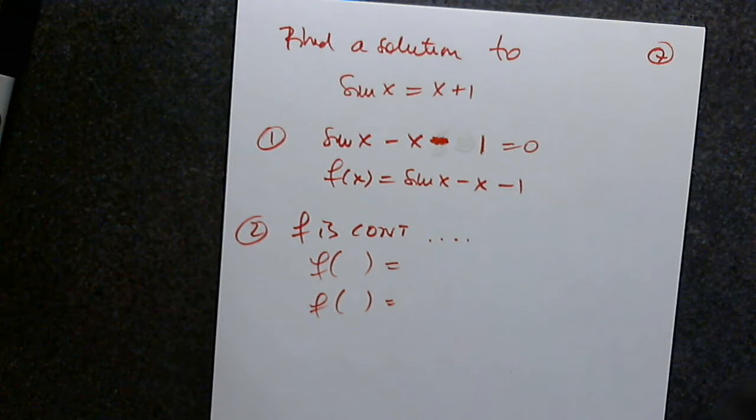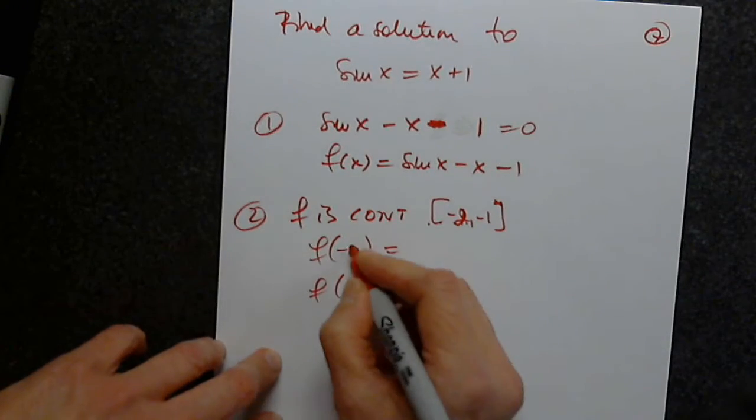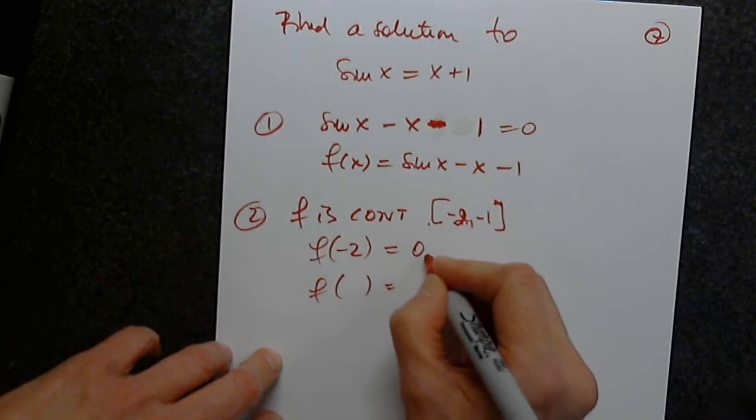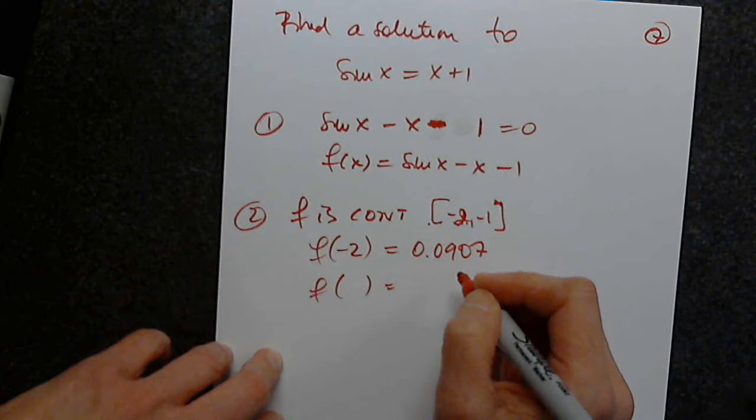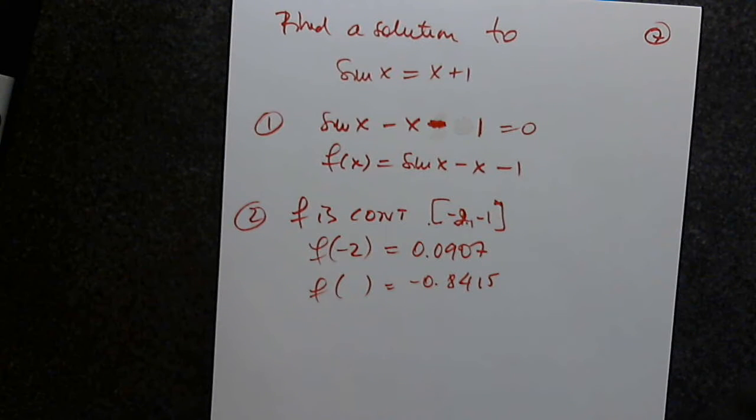So -3 and -2, okay, -4. Yeah, -1, negative. Okay, so between -1 and -2? Yep. Good enough. So the interval is -2, -1. And at -2, we got 0.0907. At -1, I got -0.8415. Very good. That's all I needed.